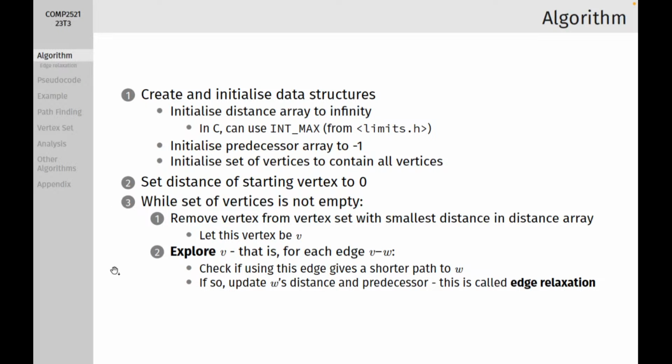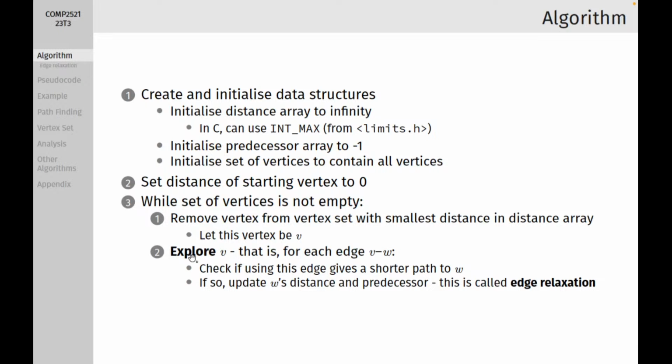What happens next is a loop that continues while the set of vertices is not empty. We remove the vertex from the vertex set with the smallest distance, that is, the vertex closest to the starting vertex.